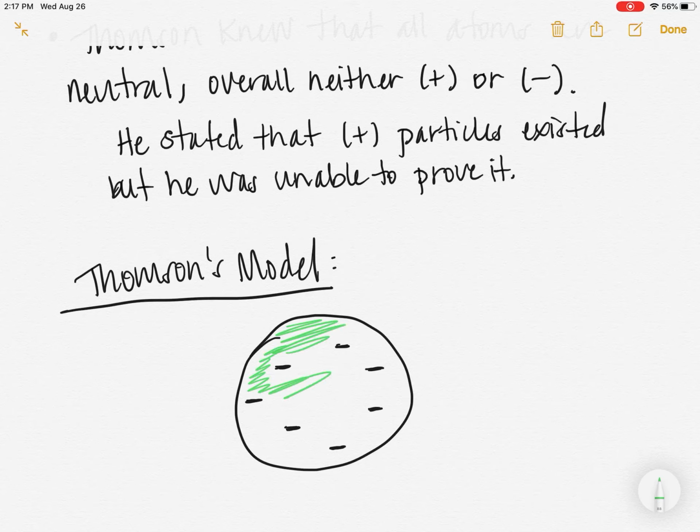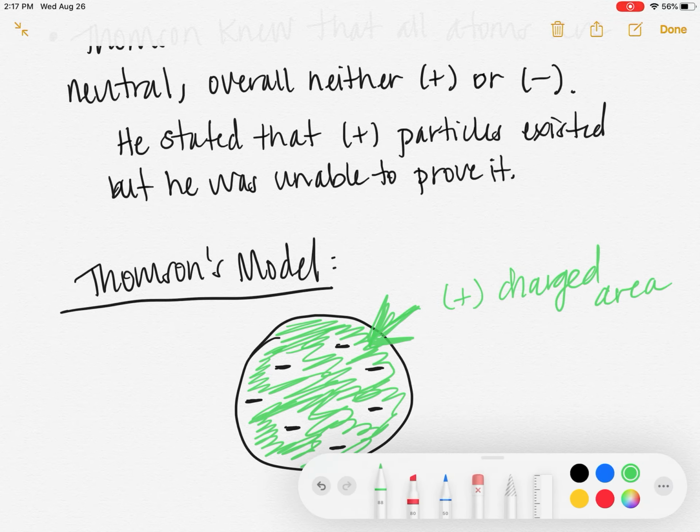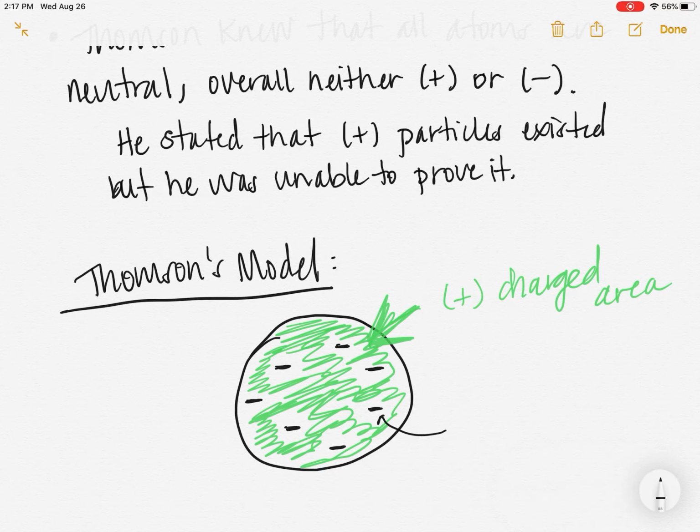So he scribbled in his model and said all this space is just an area of positive charge, because he didn't really know. He said the green there was this positively charged area. And of course, the black were the electrons that are negative.